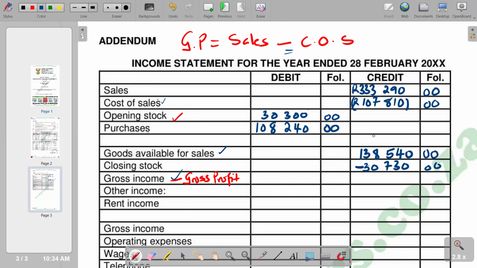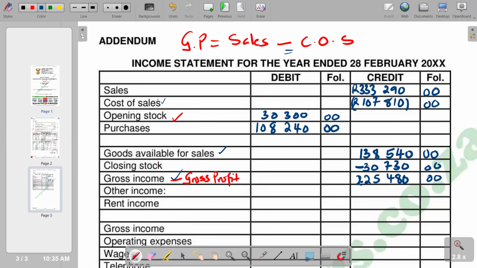And then we get our gross profit, which is supposed to be 225,480. And of course, we do not have anything in the folio, so we can just put our zeros. So here we are saying is 225,480.